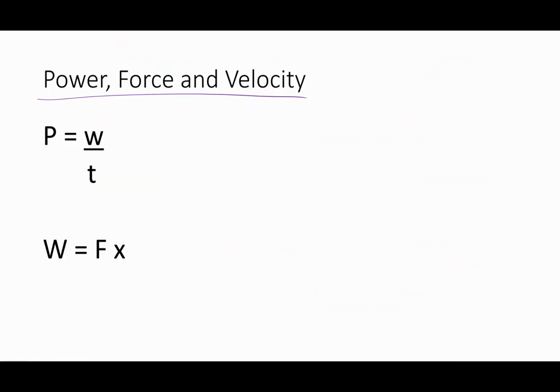Last thing about power before we leave is this. We're just going to call this a useful transformation that some students see on their own and some do not. Sometimes you're going to be given some weird pieces of information and asked to solve for power. Well, power is work divided by time.